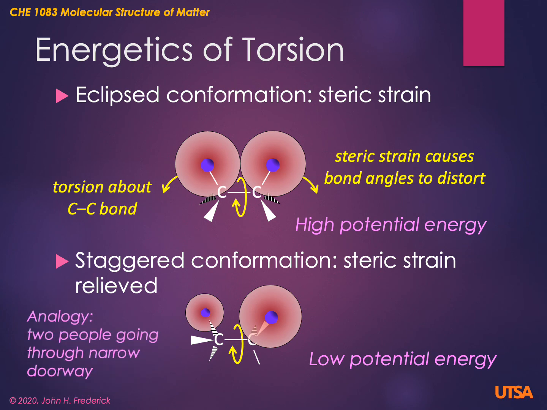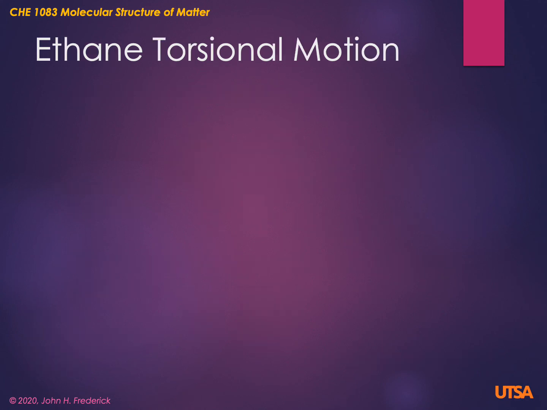You can think of this as being like what two people do when they pass through a narrow doorway. If they're both going through at the same time, they might turn sideways to avoid bumping into each other, and that's really all these two large atoms are doing to avoid that steric strain. To illustrate this, let's use ethane as a model.